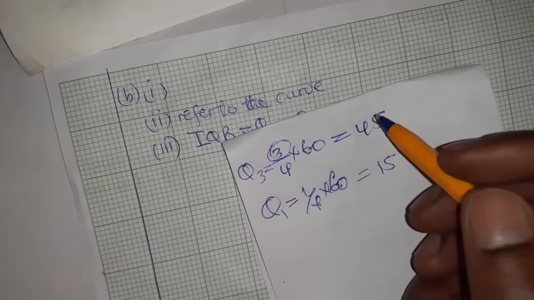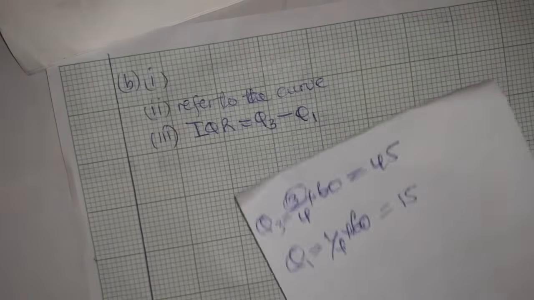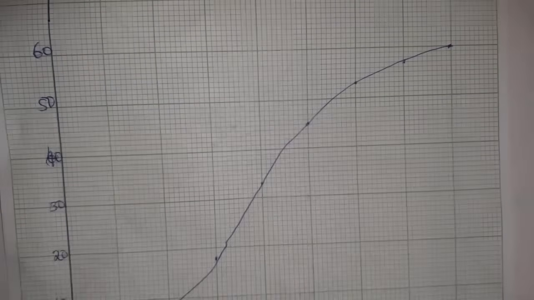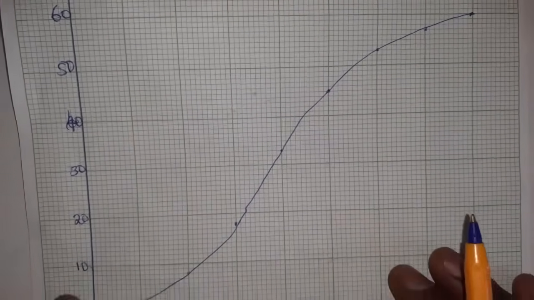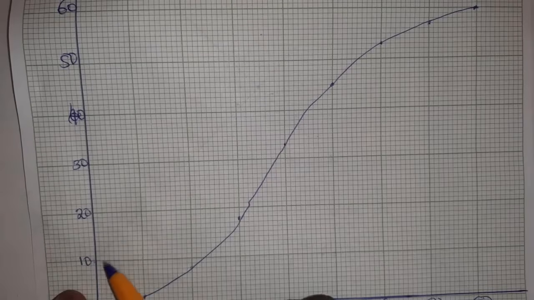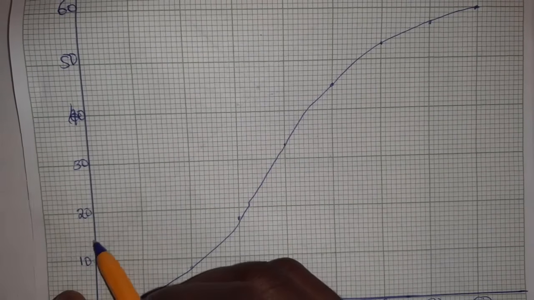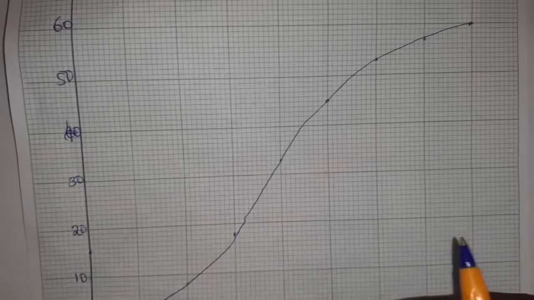Now, look at what we're going to do here. So, we use 45 and 15, isn't it? All right, look at the way we are going to use them. Where's our 15 here? 15 is between 10 and 20. So, we're going to say, this is 1, 2, 3, 4, 5. So, this is where our 15 is.